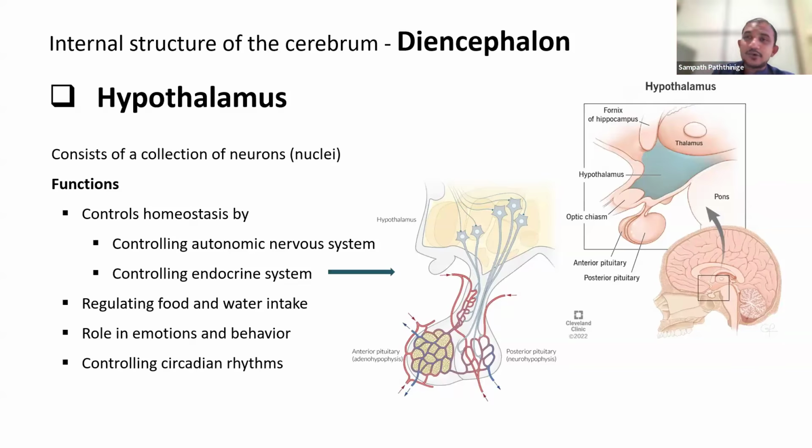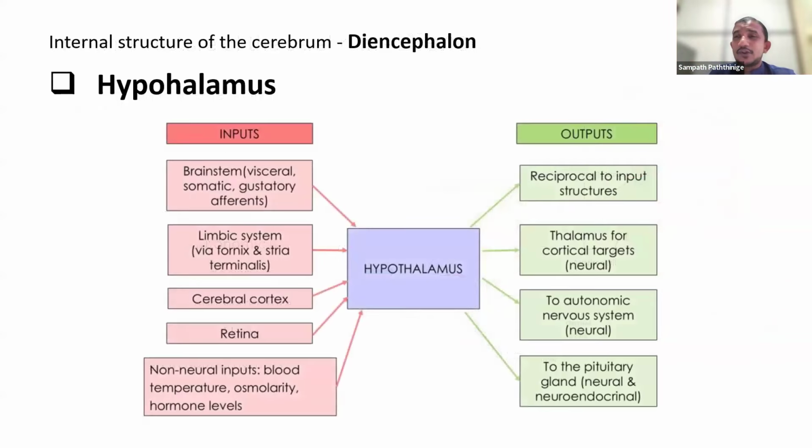So it receives input from all these areas concerned with taste, satiety, hunger, the day and night changes. Most of these functions are concerned with the limbic system, right? You can see all these different inputs that the hypothalamus receives from the limbic system, the brainstem, the gustatory cortex, the cerebral cortex, even the eye, right?